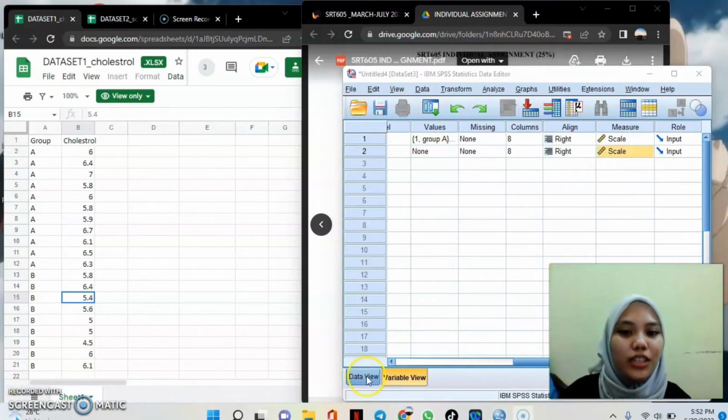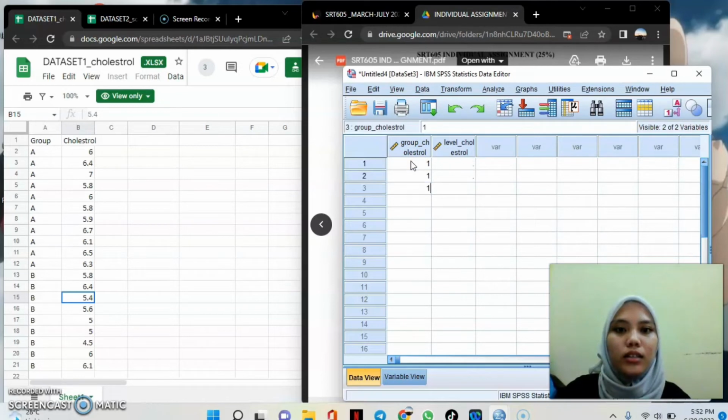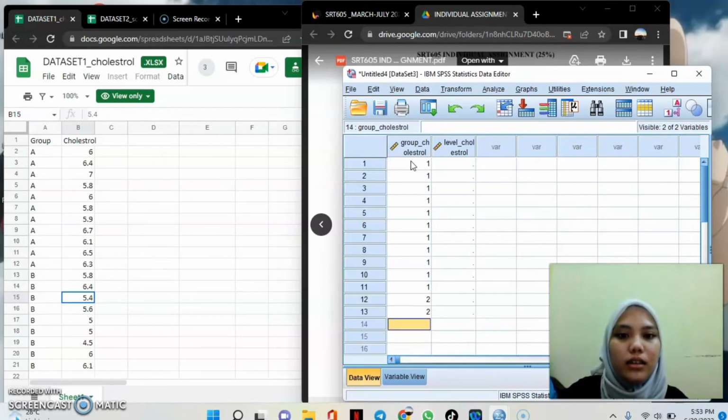We go to the data view and insert all the data: for the first group, group 1, until number 11, and then from 12 until 20 is group 2.